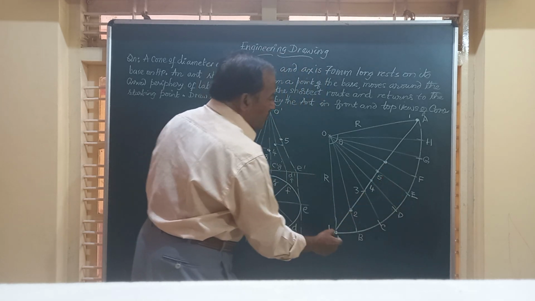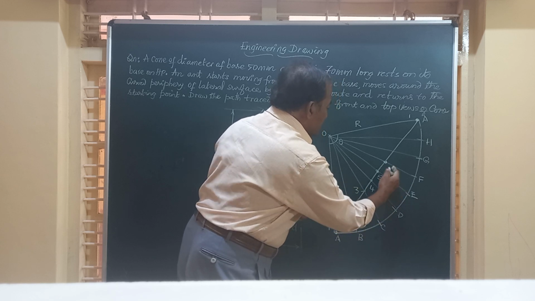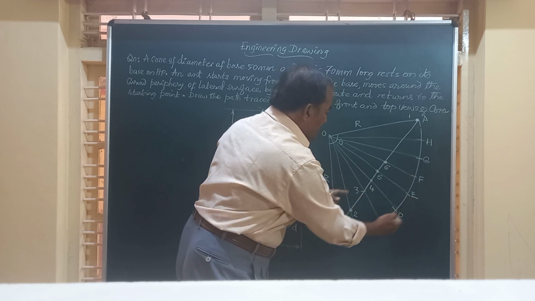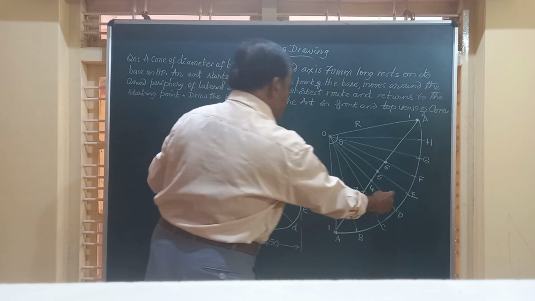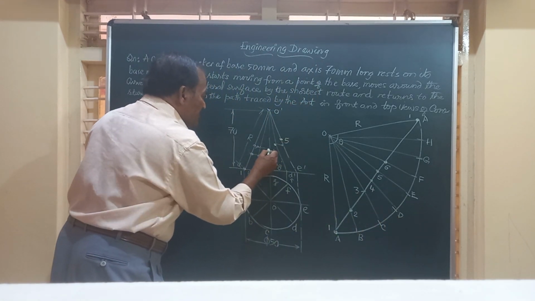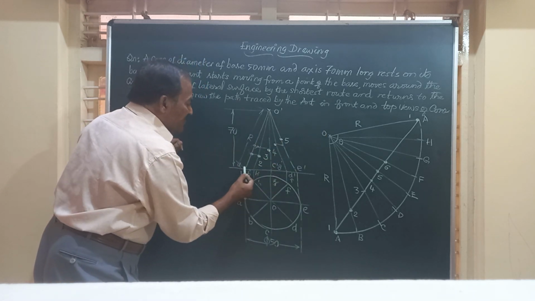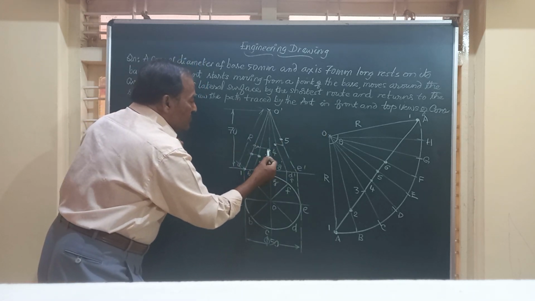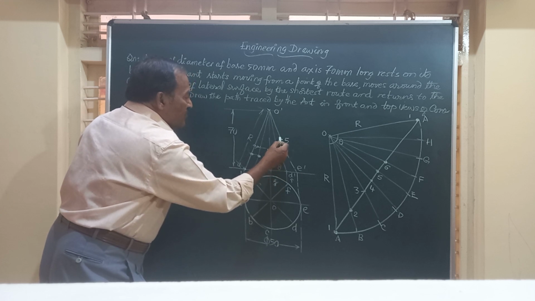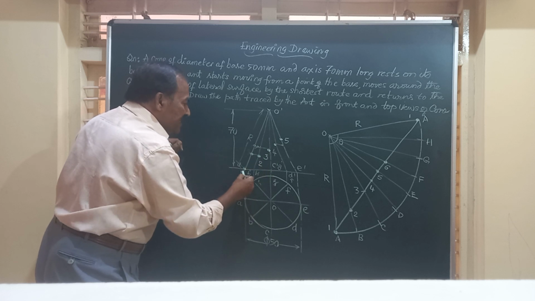Point 6 on OF. So the distance of this point 6 and F is same as this 4 and D. So it will come back. Then from here it will come back. It's moving on the other end. After traveling in the front face, 1 to 2, 2 to 3, 3 to 4, 4 to 5, 5 to 6, 6 to 7, 7 to 8, 8 to 1.